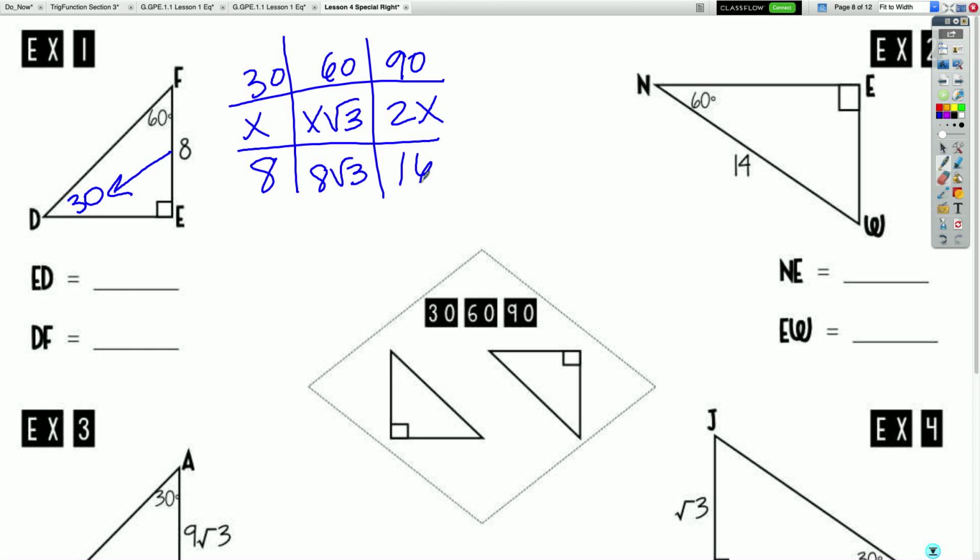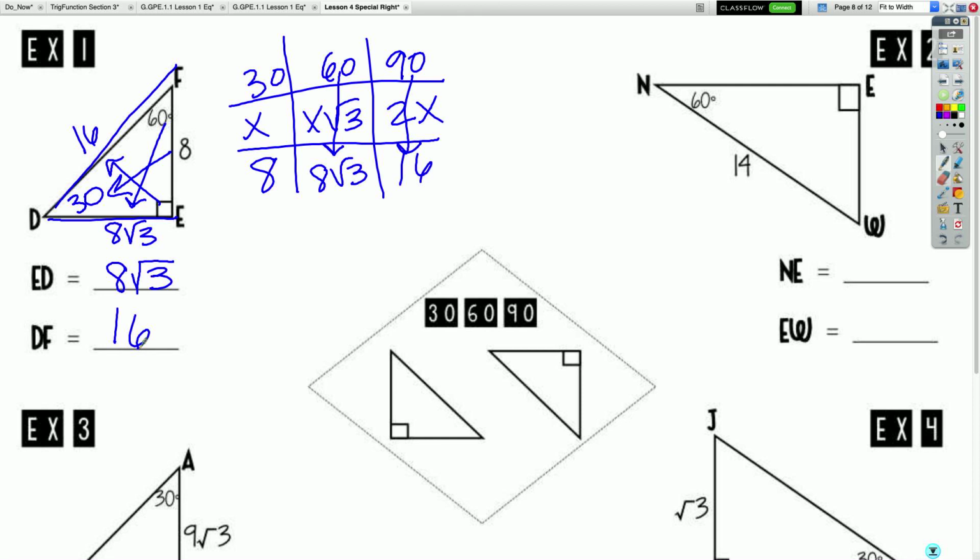Okay, I got 8 square root of 3 and 16, and then from there, we should go back to the chart and figure out what side goes where. So across from 60 is 8 square root of 3, and across from 90 is what? 16. So ED is which one? And then DF would be 16. That's our easier example there.